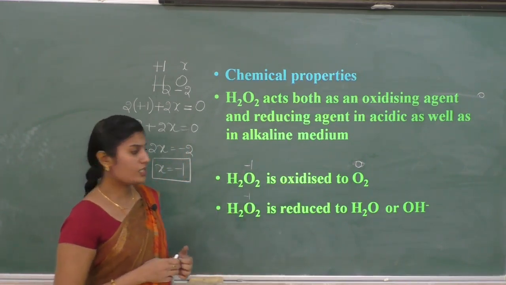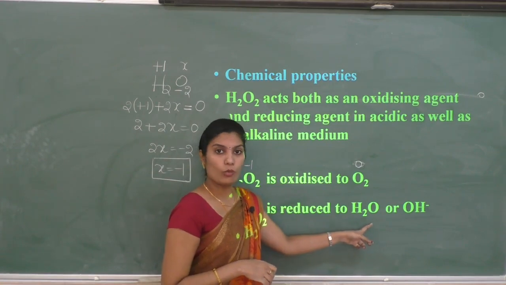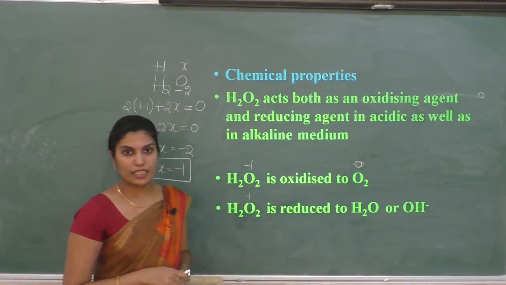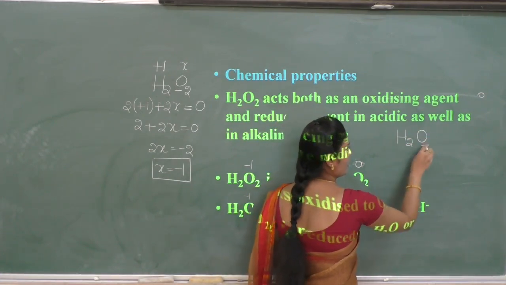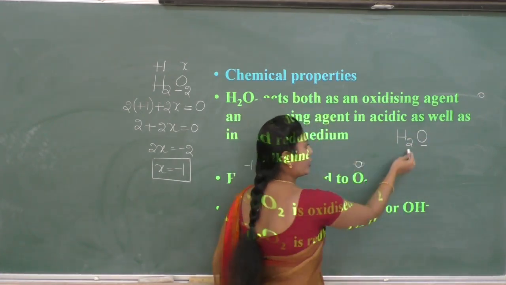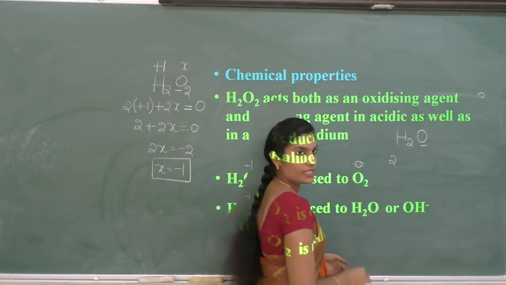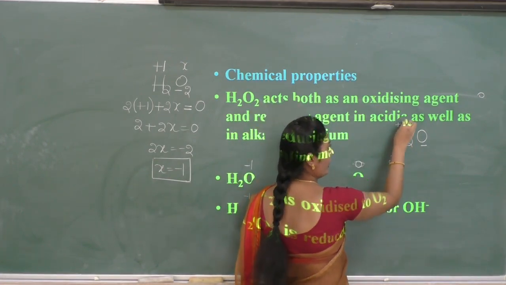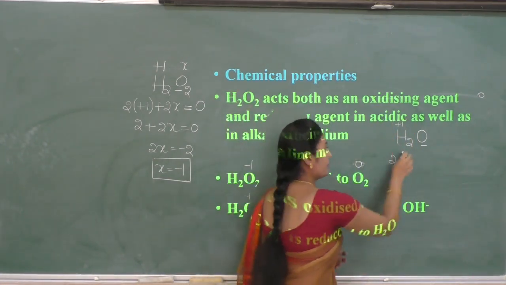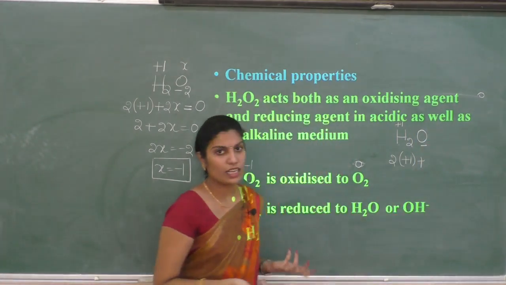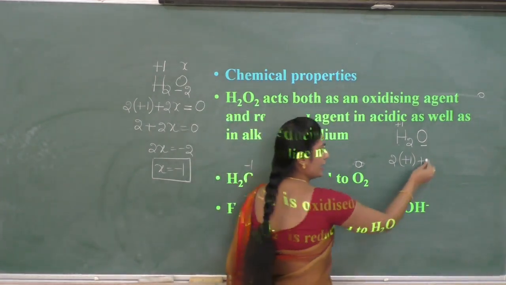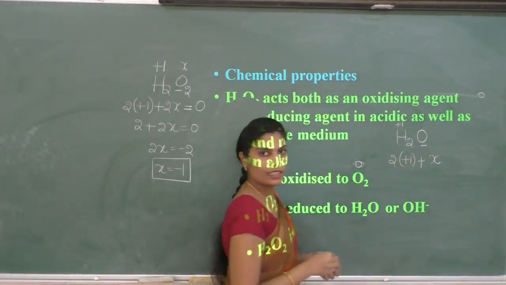What is the oxidation state of oxygen in water? How do you calculate it? Here in H2O, we need to calculate the oxidation state of oxygen. 2 hydrogen atoms are present. What is the oxidation state of hydrogen? +1. Plus the oxidation state of oxygen is unknown, we don't know it. So what do we consider it as? We take it as x.